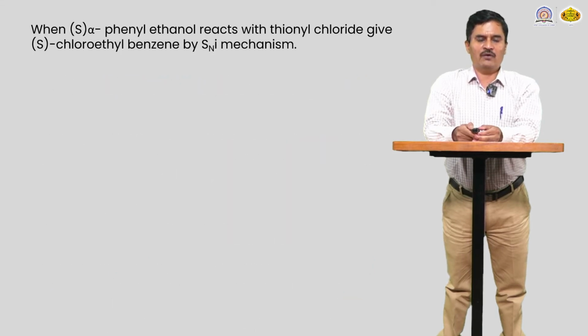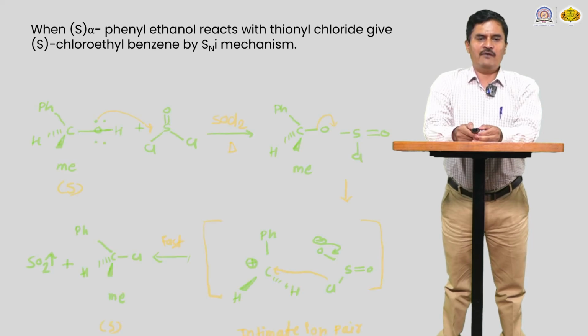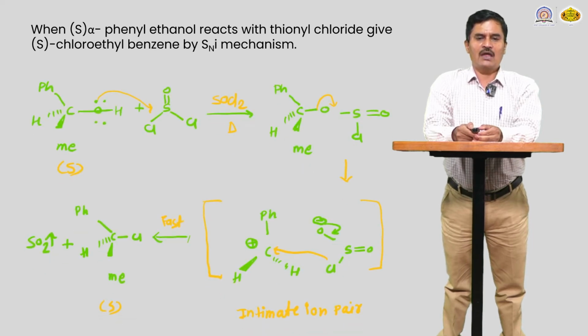See the mechanism. When S alpha phenyl ethanol reacts with thionyl chloride, it gives S chloroethyl benzene by the SNi mechanism. It means the starting compound has an S configuration and the product also has an S configuration. That indicates in an SNi reaction there is a retention in configuration.